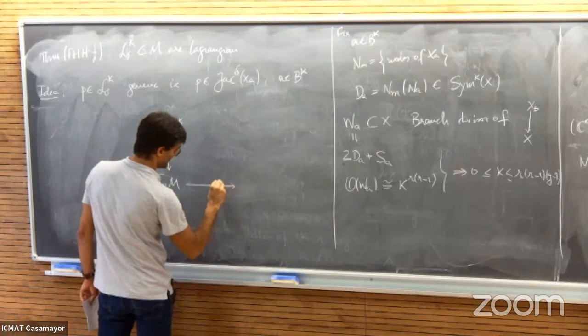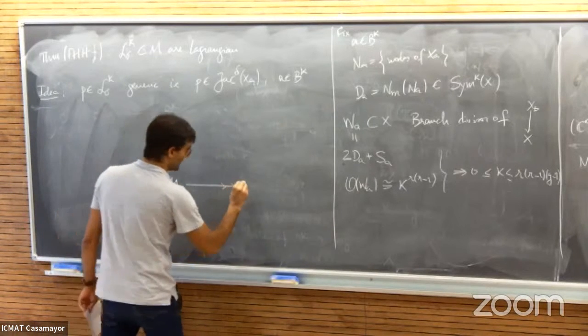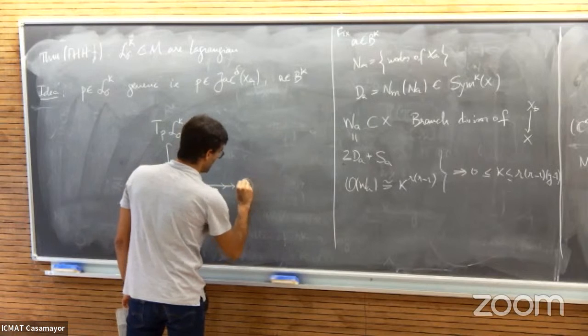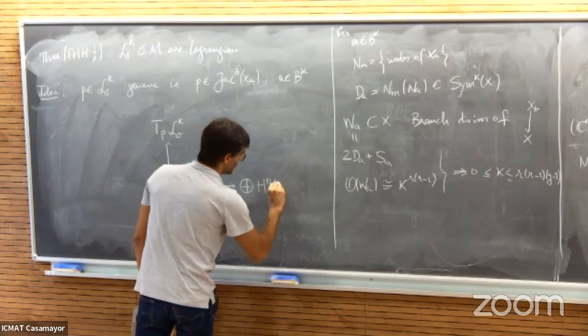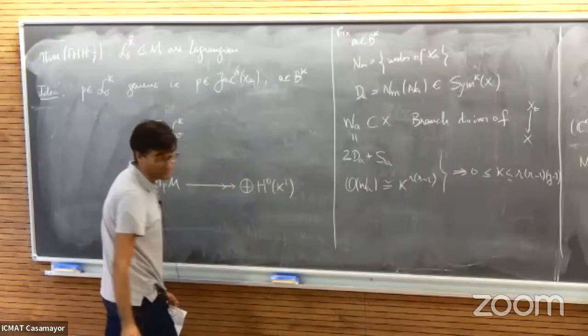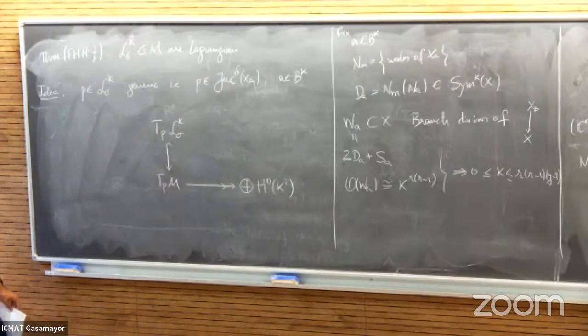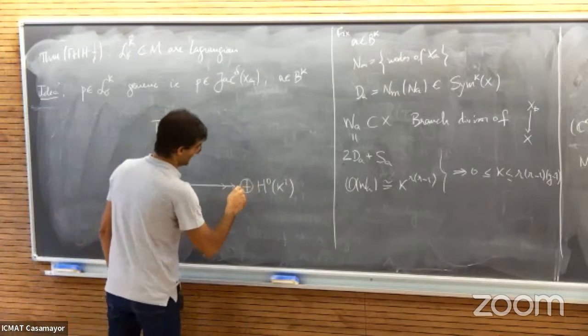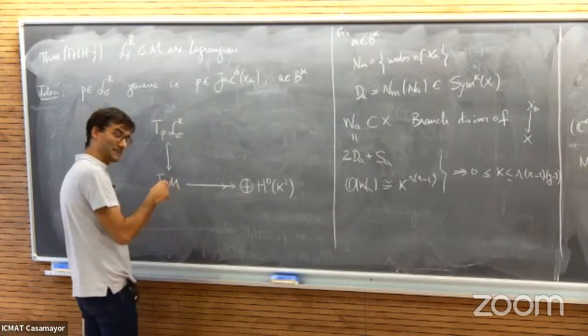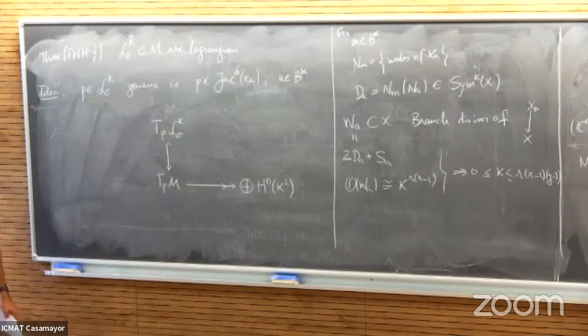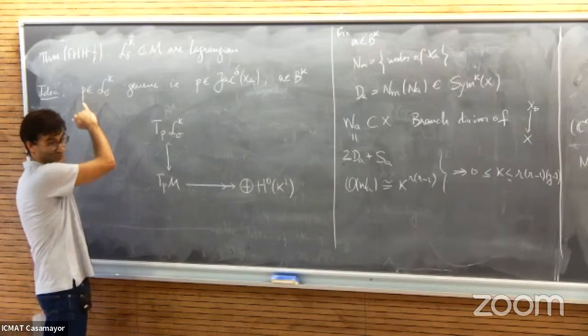And now I'm going to take the differential of the Hitchin map and take the tangent space to the Hitchin base at the corresponding point. It's a vector space, the same as the Hitchin base. At some points the Hitchin map drops rank, but these are not those points.